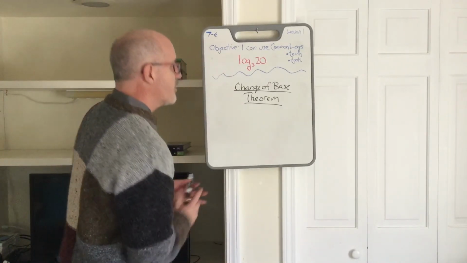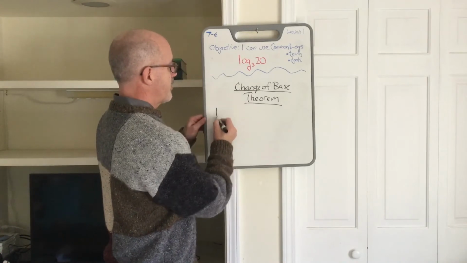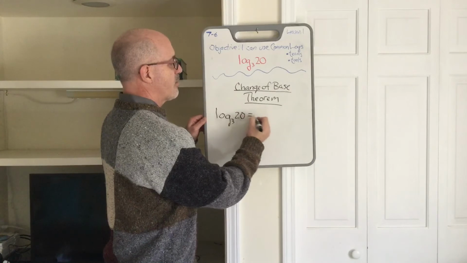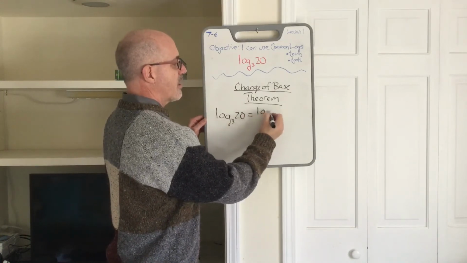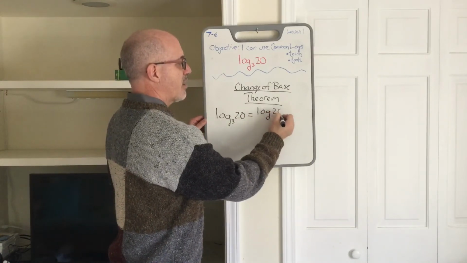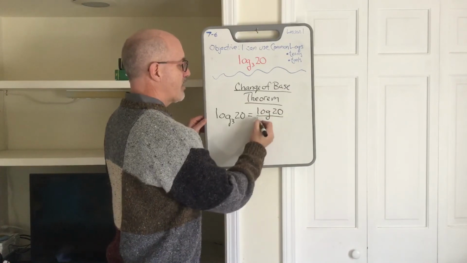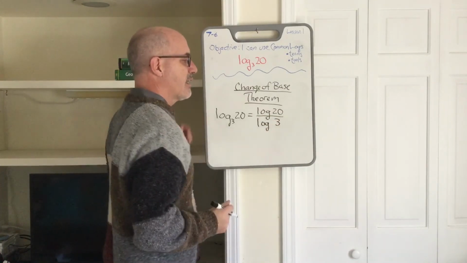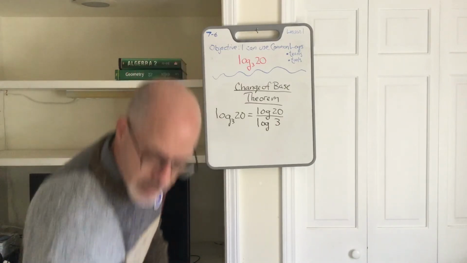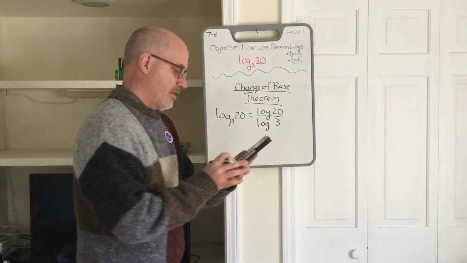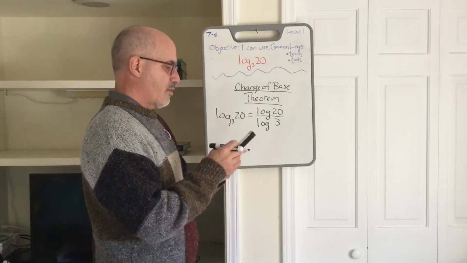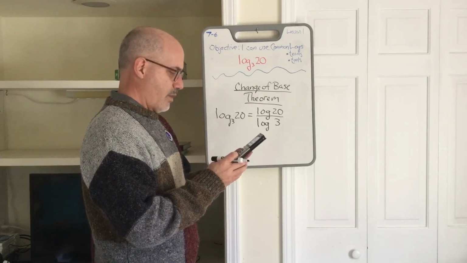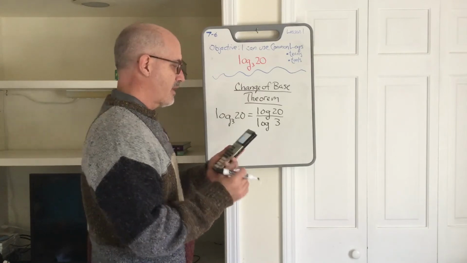If we want to do log base 3 of 20, what we can do is the common log of 20 and the common log of 3 and see what we get. Let's use our calculator. First of all, I'm going to do log of 20, just so we can check what that is.